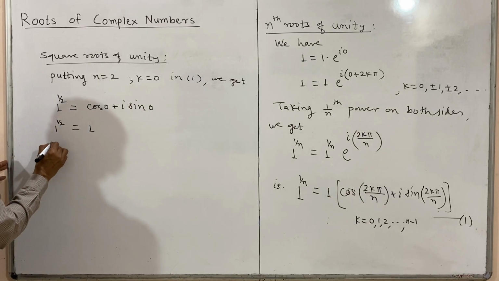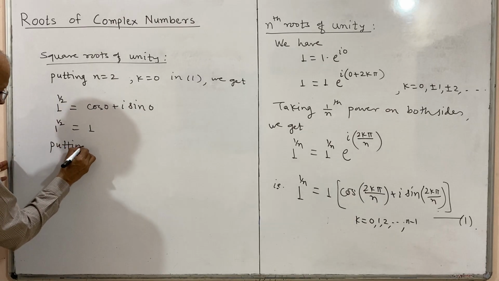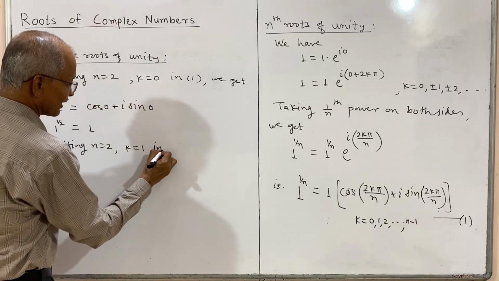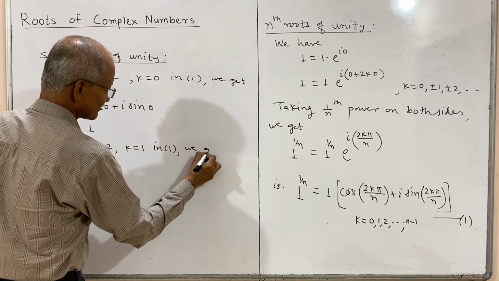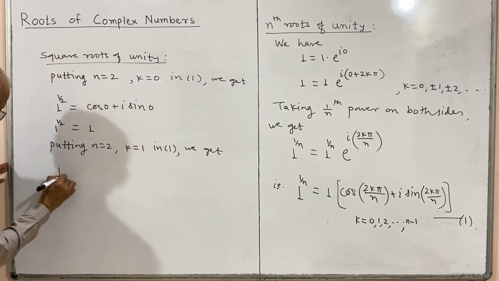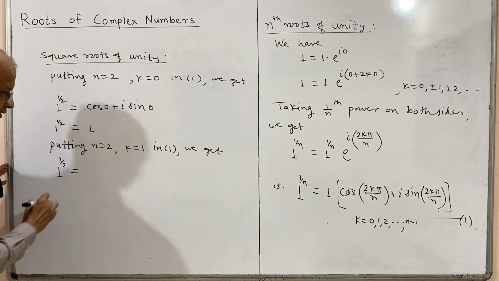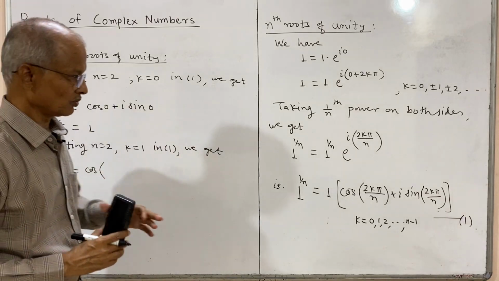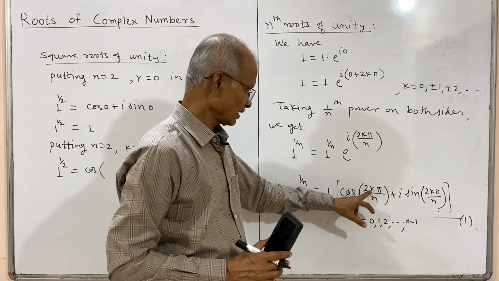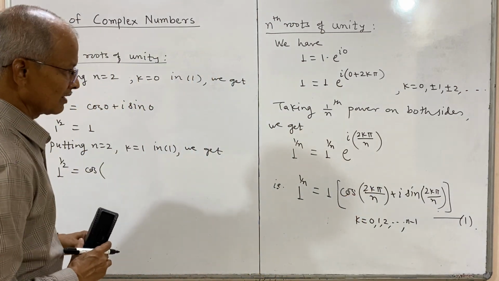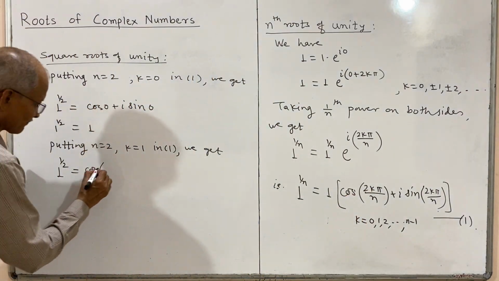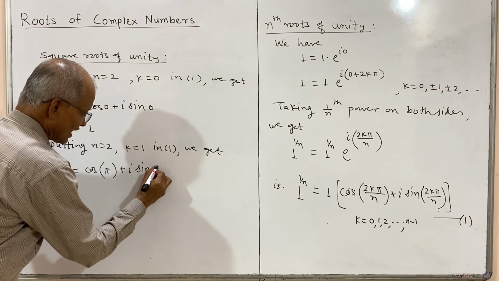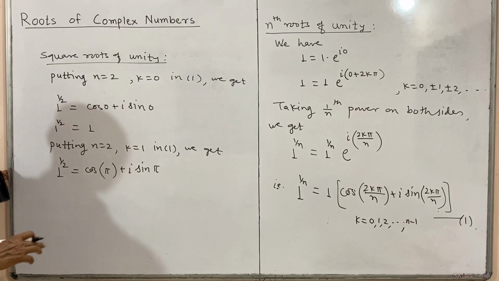Now put n is equal to 2 and k is equal to 1 in 1. We get 1 power half is equal to cos pi plus i sin pi, as n is 2 and k is 1. And we know cos pi is minus 1, sin pi is 0.